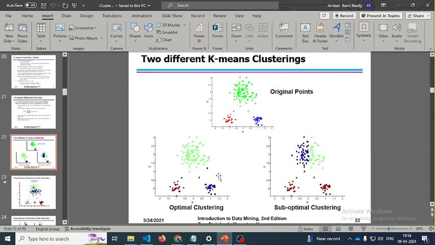I think you already know what optimal means: the best possible choice. Whenever you do suboptimal clustering, there are a few cases where there may be some advantages in your real-time applications. So this kind of clustering is suboptimal clustering.